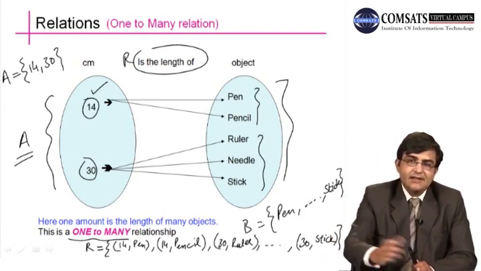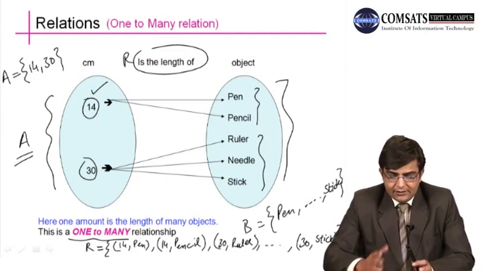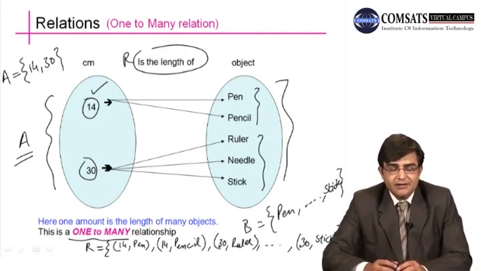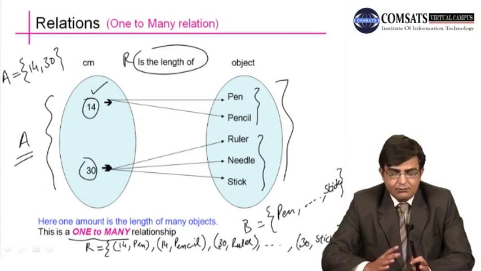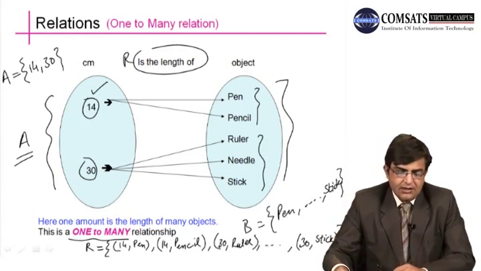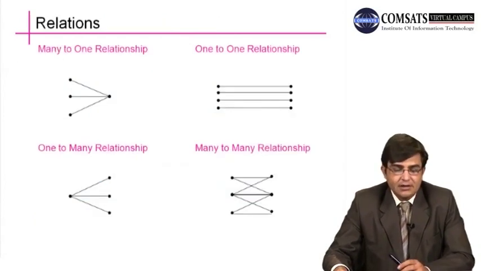The relation is basically the length of. So we have studied four types of relations. First is one-to-one relation, next is one-to-many, next is many-to-one, and then many-to-many. I hope you have understood these types of relations.